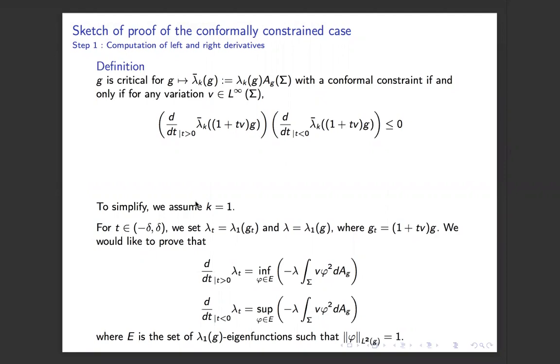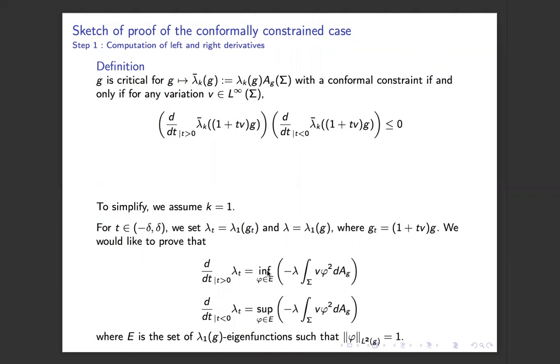And we aim at proving that if we take a small variation of the metric of this form, (1 plus tv) times g, the right derivative is the infimum of this quantity, and the left derivative is the supremum of this quantity, infimum and supremum taken over the set of first eigenfunctions with L2 norm equal to 1.